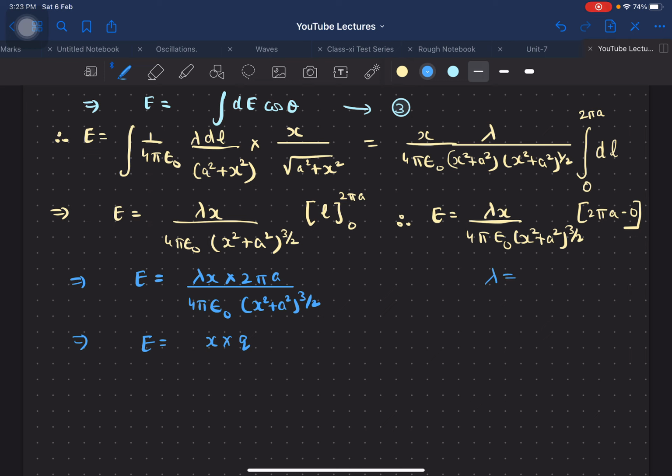Lambda is equal to total charge upon total length 2 pi a. This implies q is equal to 2 pi a lambda. That is why we have replaced 2 pi a lambda with the total charge q, upon 4 pi epsilon naught (x square plus a square) whole raised to power 3 by 2.